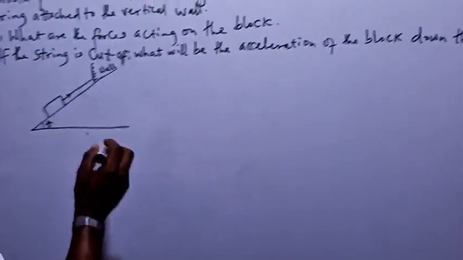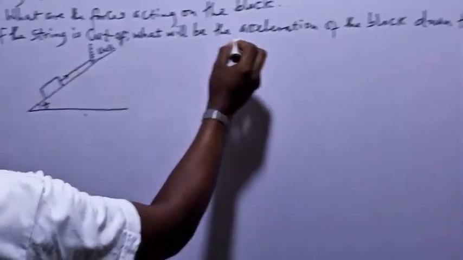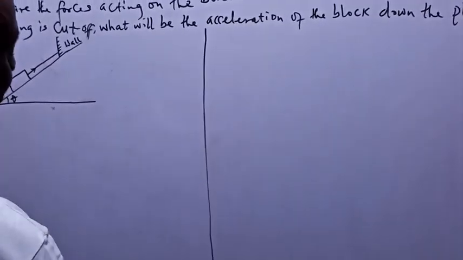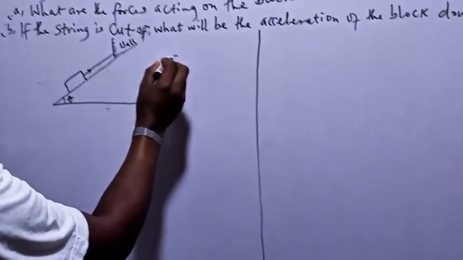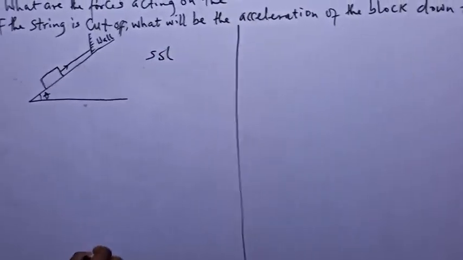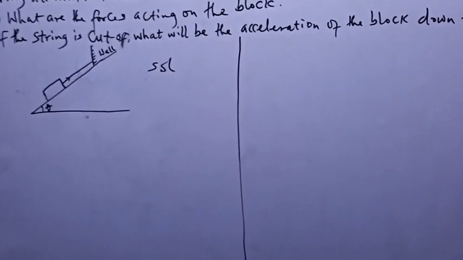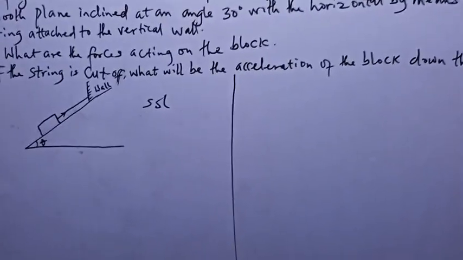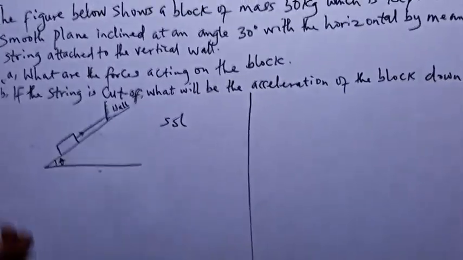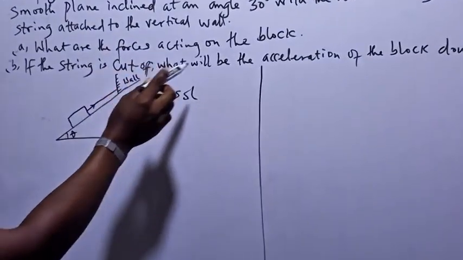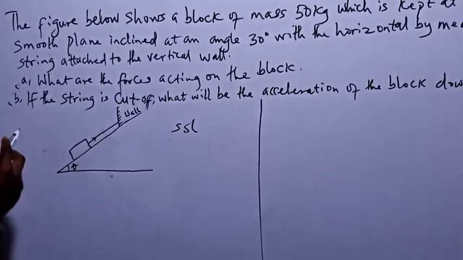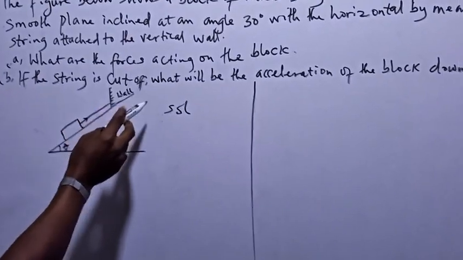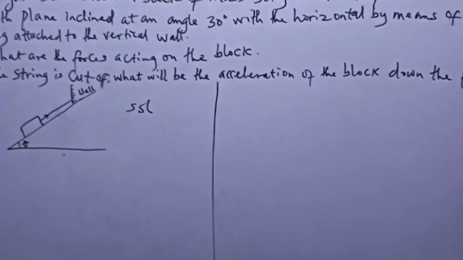I have here the solution. Sorry about the board size, but we'll still make do with it. We are asked A, what are the forces acting on the block? And B, if the string is cut off, what will be the acceleration of the block down the plane?